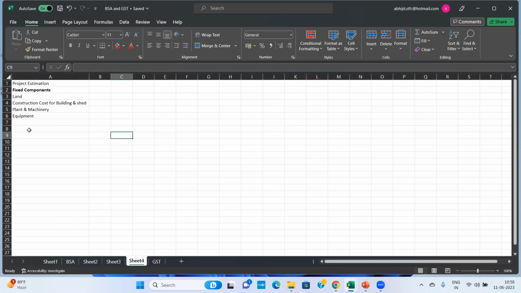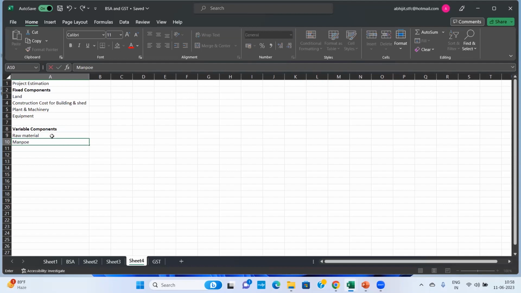Coming to the variable components. Components which can have, one is raw material, second is manpower. Now in manpower, skilled. When I talk about skilled, it means technical.